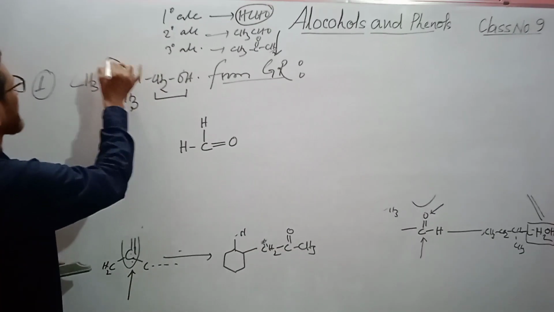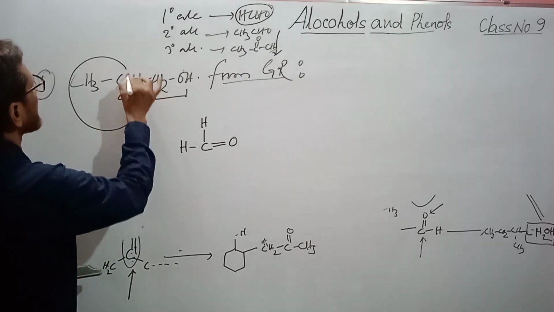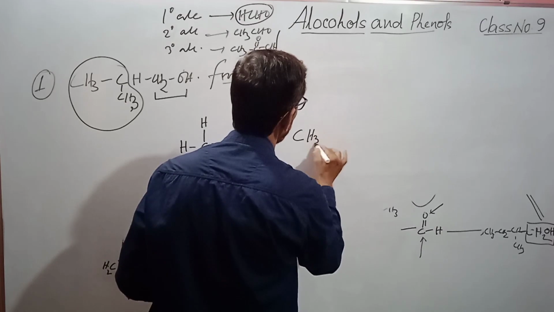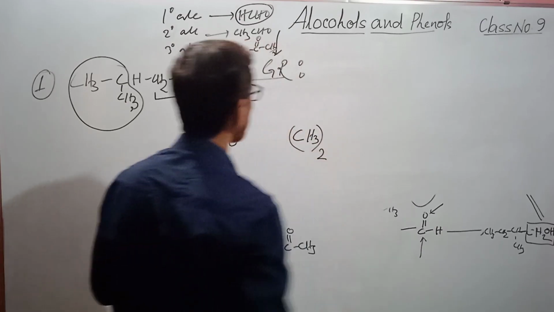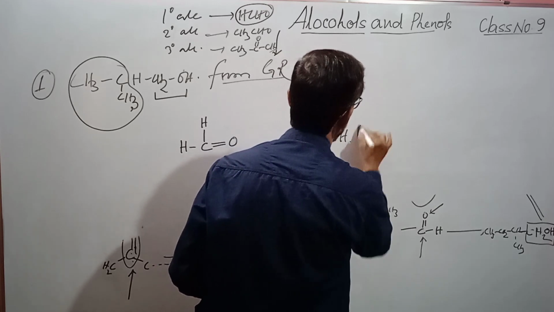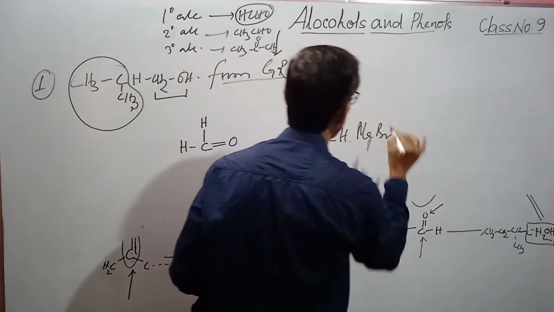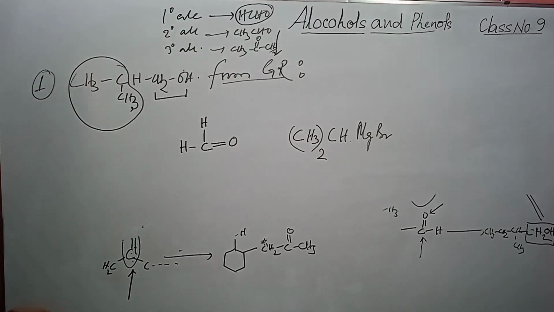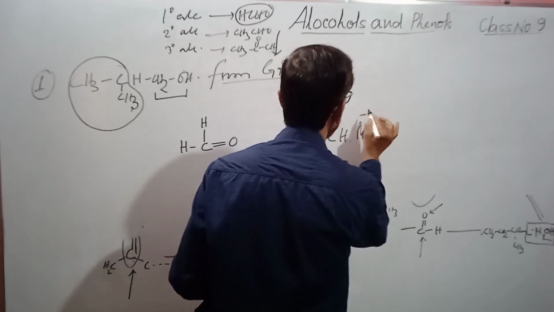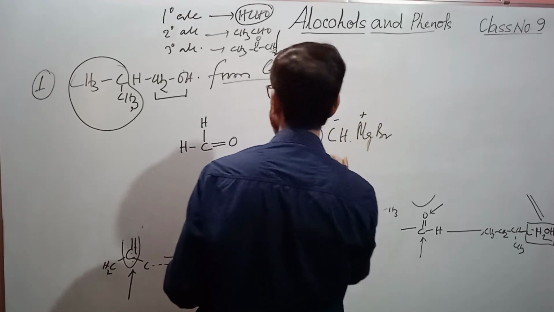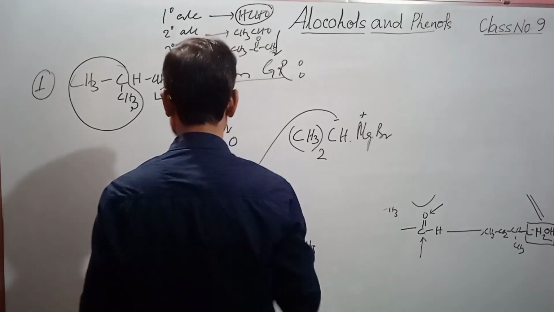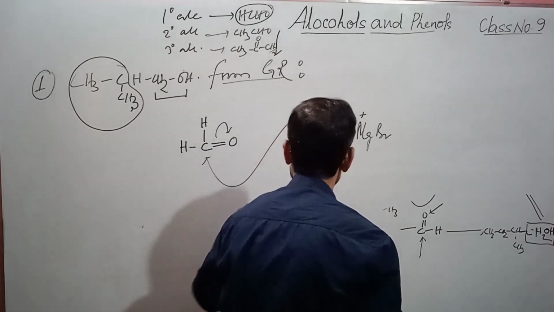Since this carbon is attached to 2 methyl groups, our Grignard reagent should contain 2 methyl groups, that is the secondary part, and with this magnesium bromide. The secondary part will be there. So the simple trick was, this is plus and this is minus, and this minus will attack over here and this will change like this.